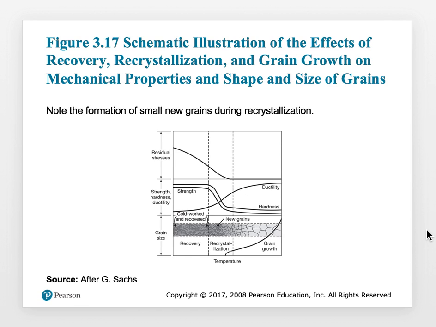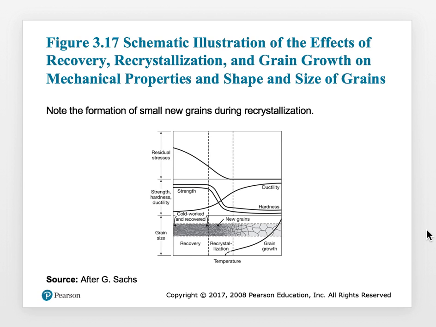So for example, if it is copper, the melting point of copper is, I think, 1160 or something like that. So in degrees absolute would be plus 273, which would be approximately 1433. So half that would be about 725 degrees absolute.